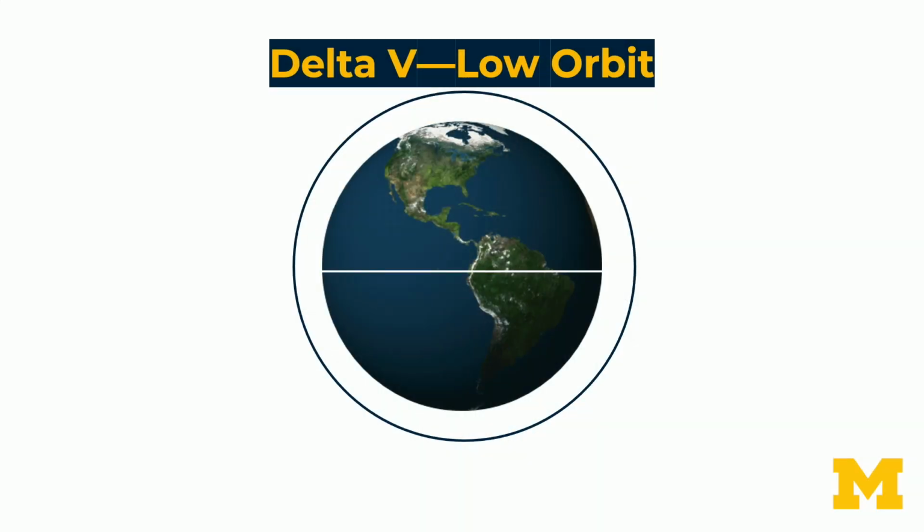So let's talk about this fundamental concept called delta V. That is the change in velocity that we need to do things. So the first thing that we're going to talk about is low Earth orbit. You have a rocket that is sitting at Cape Canaveral in Florida. It's moving with roughly zero velocity. All right, it's sitting on the launch pad.